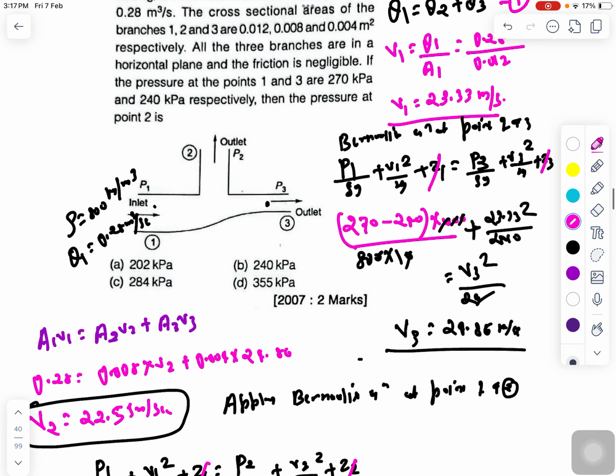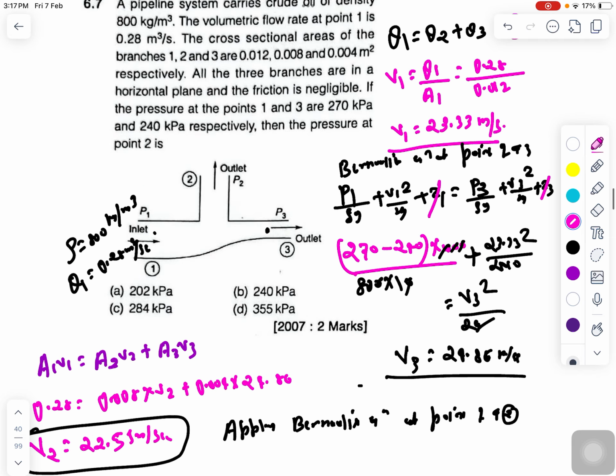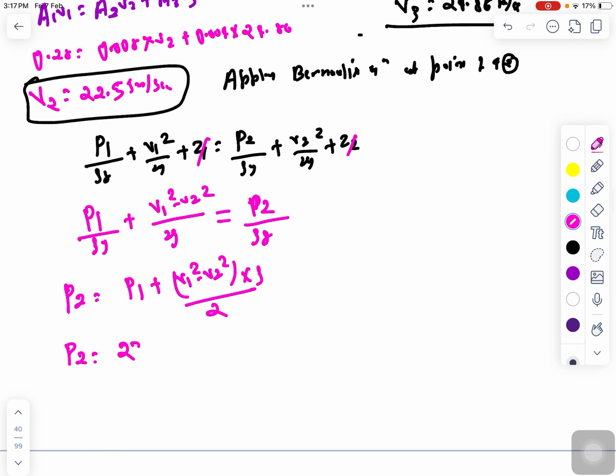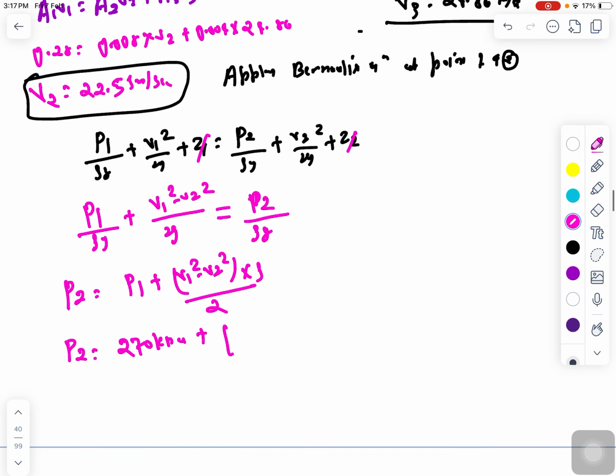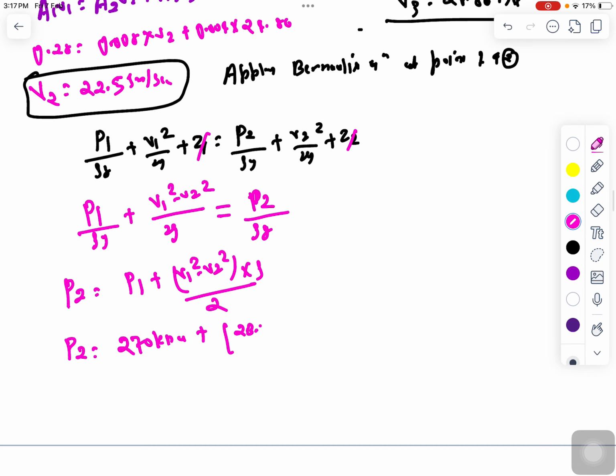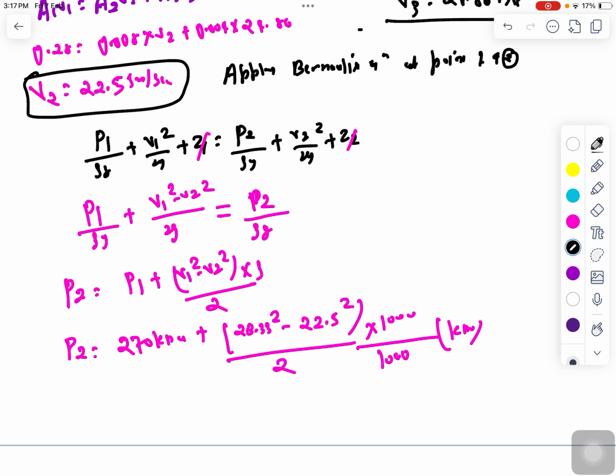So p2 will be equal to how much? The value of p1 is given to you as 270 kilopascal, plus v1 square. So v1 is how much? The value of v1 is 23.33. v2 you have calculated as 22.5, whole square, divided by 2 into 1000, divided by 1000, and then this will also be in kilopascal. Is that clear?